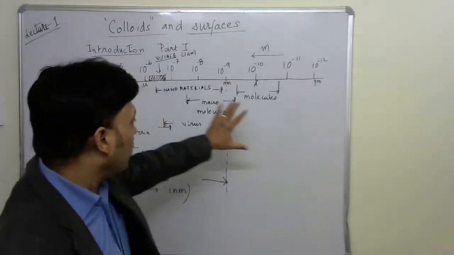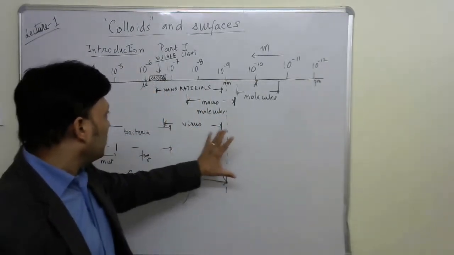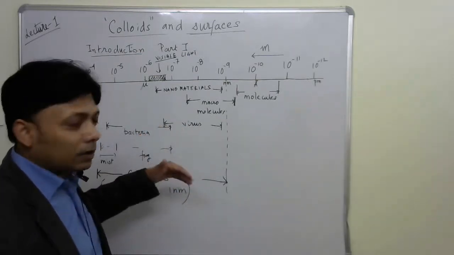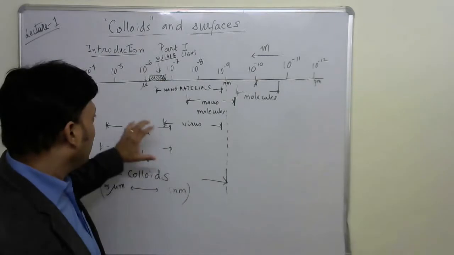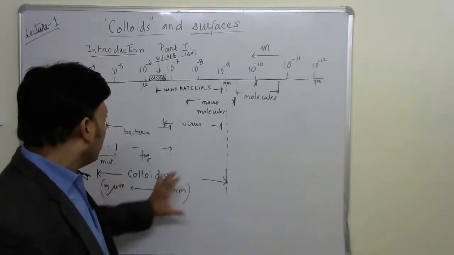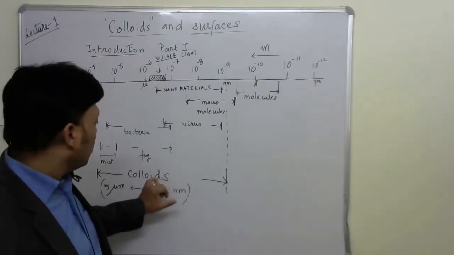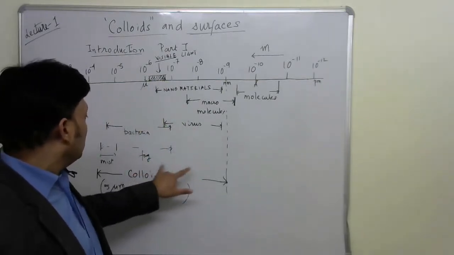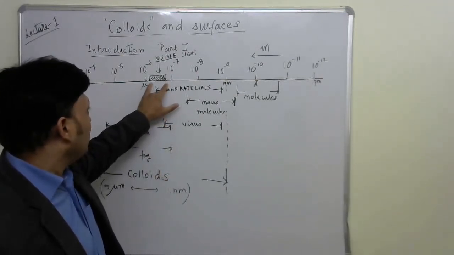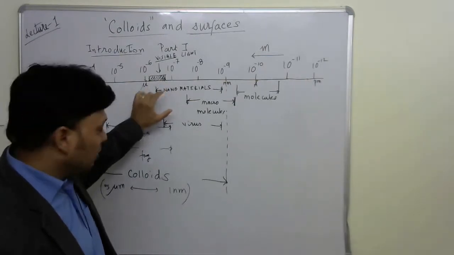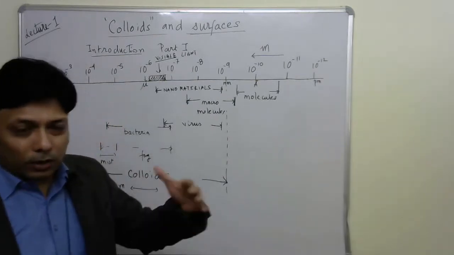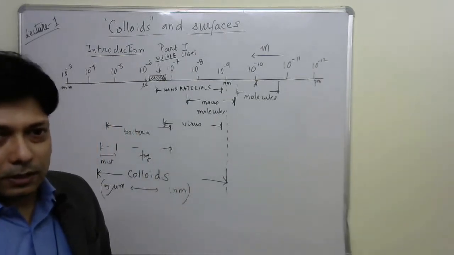Apart from that, whatever you can frame, naturally occurring or man-made, falls here, because virus and bacteria are naturally occurring, while nanomaterials and macromolecules are man-made, and they fall under these size ranges. And most importantly, the range of visible light also falls within the size range of this entire colloidal material.